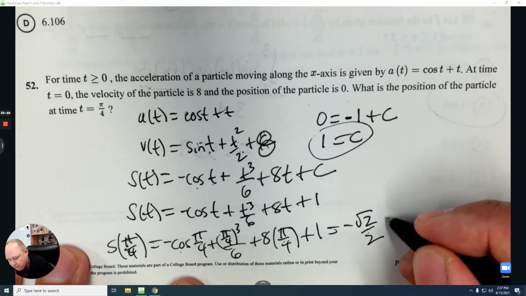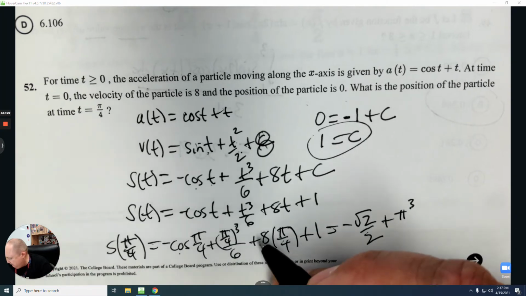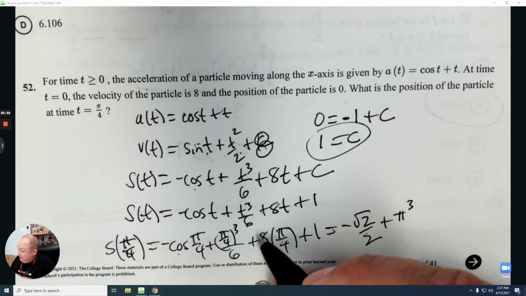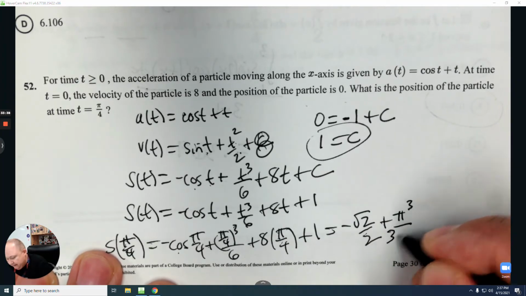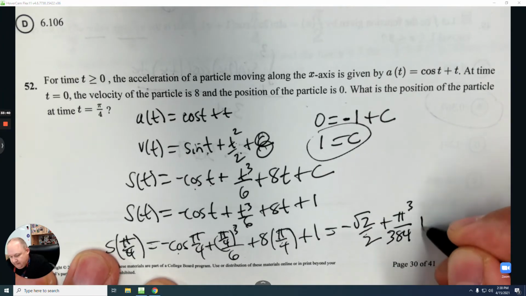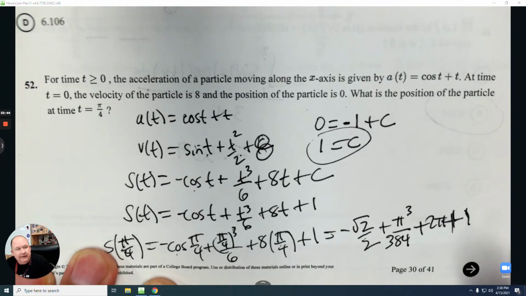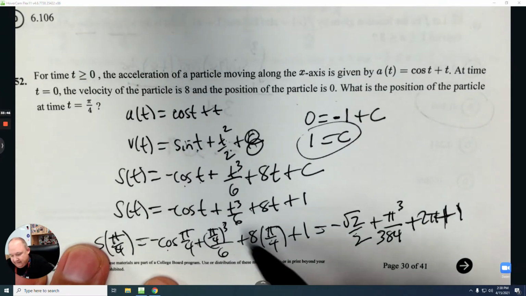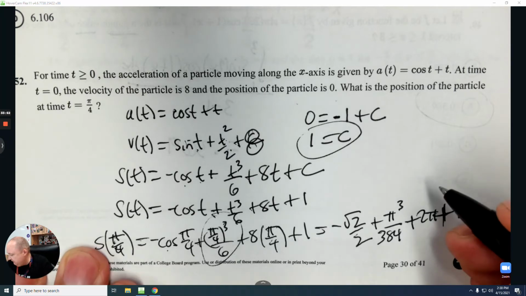This is pi cubed. And that's 64 times 6. If you turn the page, you'd see that that answer is 384. But there's only one answer choice that really comes close to matching it. So that's what it looks like when you simplify it. Again, this is a bit of a mess, but if you look at the answer choices, there's only one answer choice that's similar to that, so the answer is C.